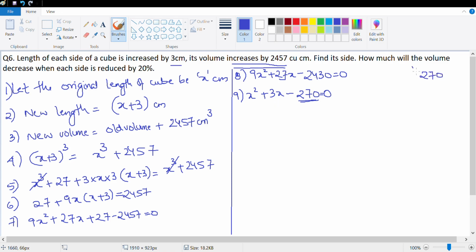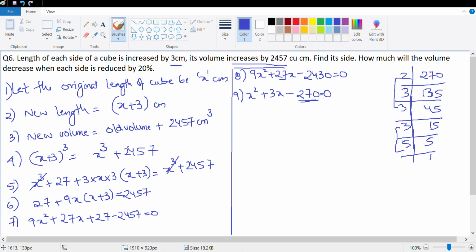So 270 is 2 times 135, 3 times 45, 3 times 15, 3, 5, 5, 1. That's 6, no, 9, no, 18, yes, 18 into 15. Perfect.